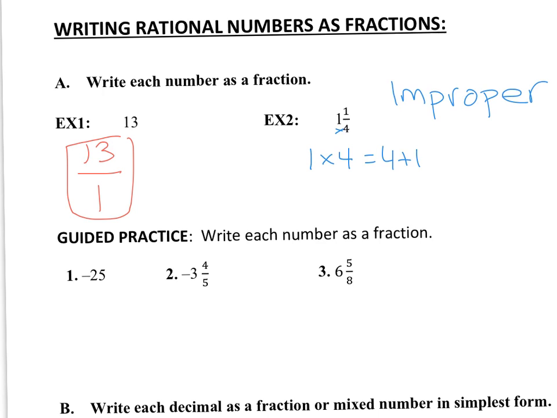So then whatever I get with the whole number times the denominator, I add that value to the numerator. So my final answer would simply be 5 over 4, because you want to keep that denominator. So the denominator does not change, just the numerator.